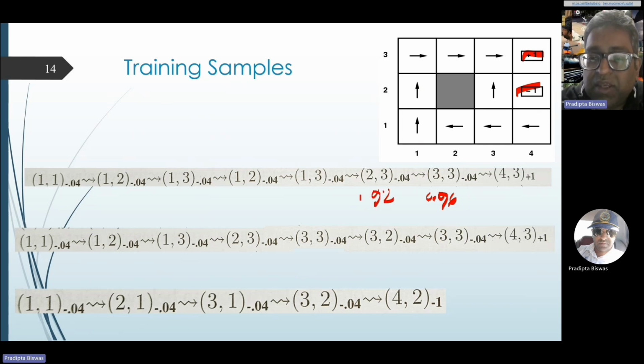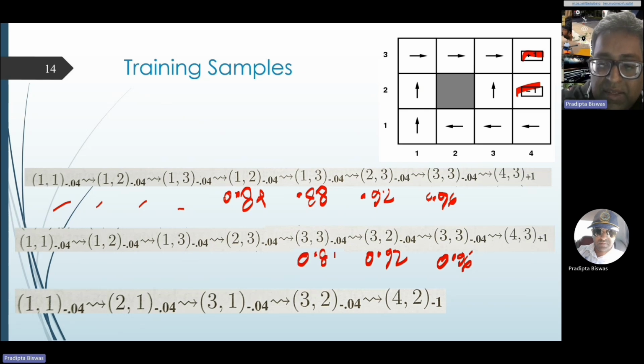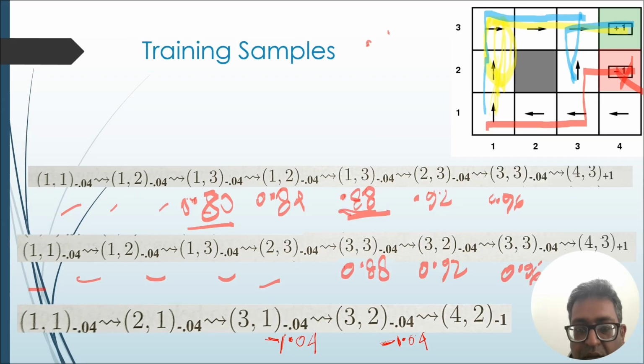So we are getting 0.92 here, 0.88 here, and similarly 0.84 and so on. For this, I can again get 0.96 here, then 0.92 here, 0.88 here. And so for the last epoch, we can write the delayed reward or utility like -1.04.